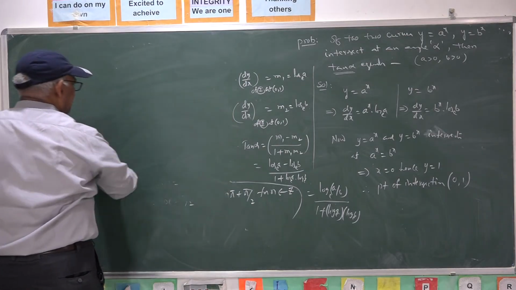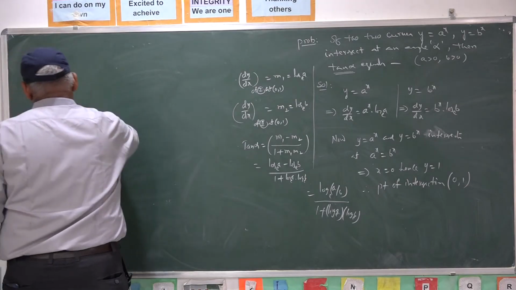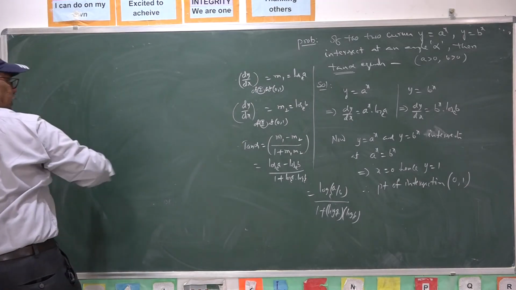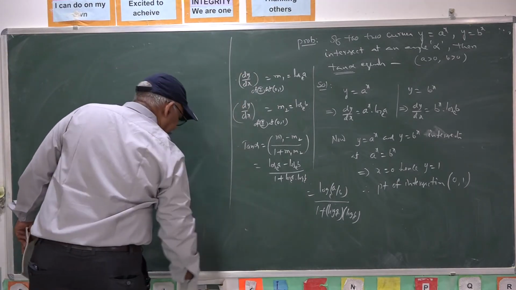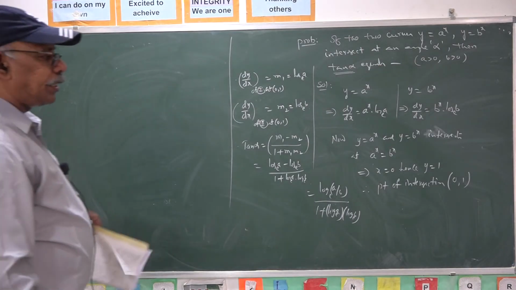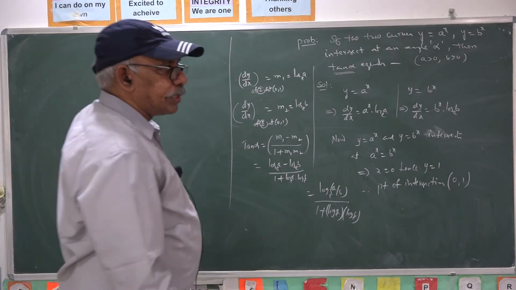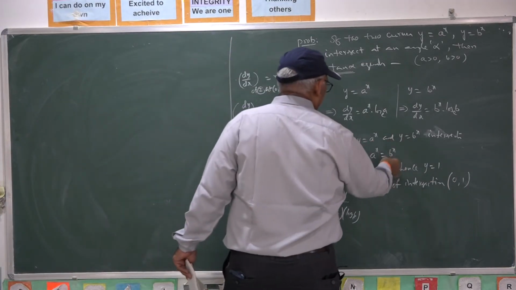Both are exponential curves, a power x and b power x, intersecting clearly at x equal to 0. I am solving these two equations by equating y.